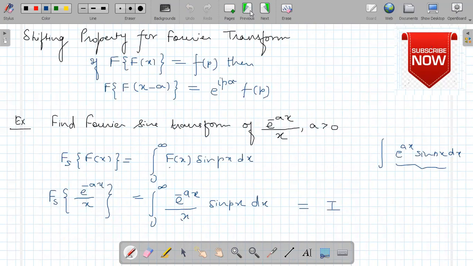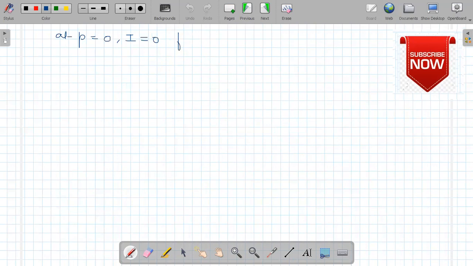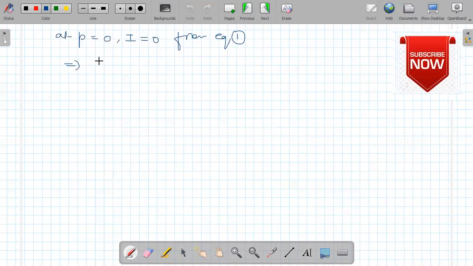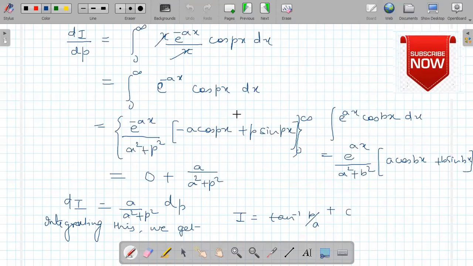I should mention from equation number 1. This implies when you put p is equal to 0, I is equal to 0, so the value of c is also 0. This implies I is equal to tan inverse p upon a.